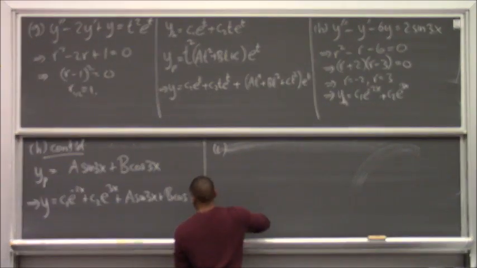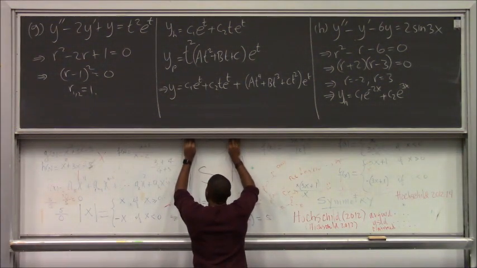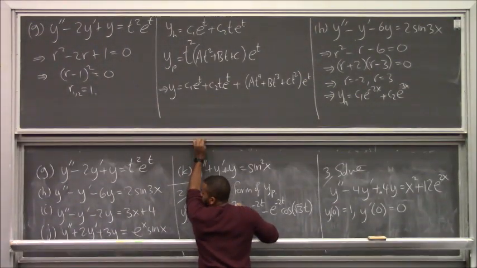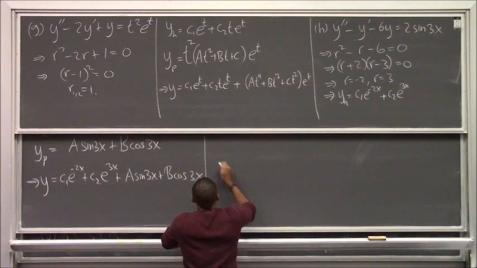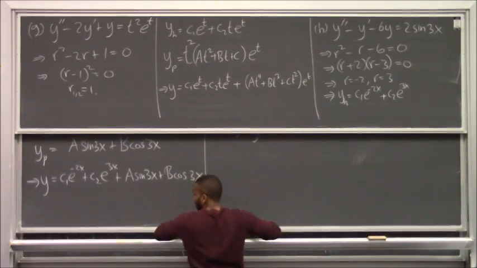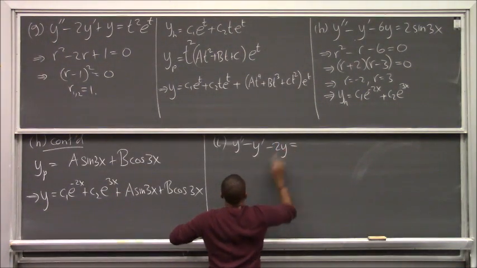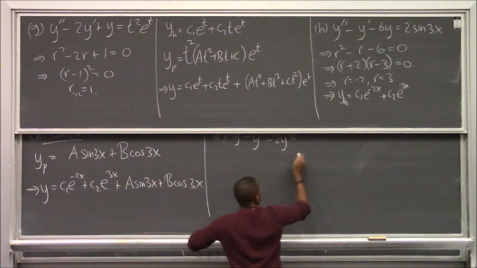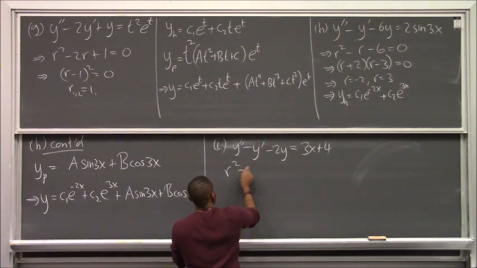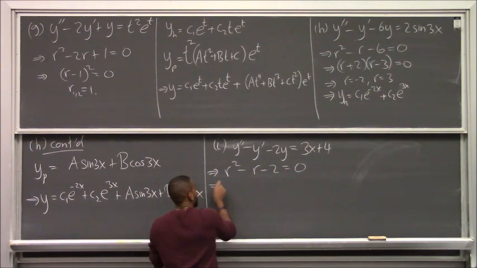I. What was I? Minus y prime minus 2y equals 3x plus 4. Okay. So jump right into it. R squared minus r minus 2 equals 0. Does that factor?